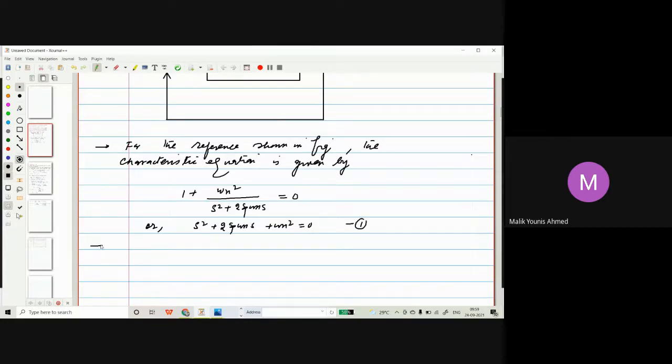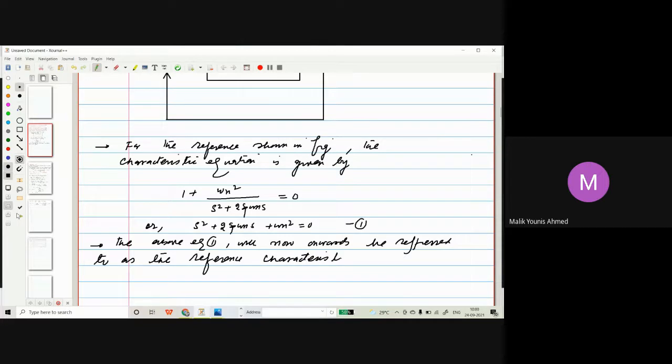You have to write this for all other questions. The above equation 1 will from now onwards be referred to as the reference characteristic equation. So this will be treated as the reference characteristic equation.